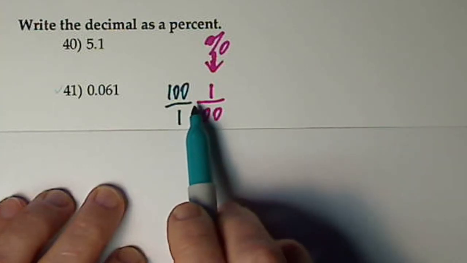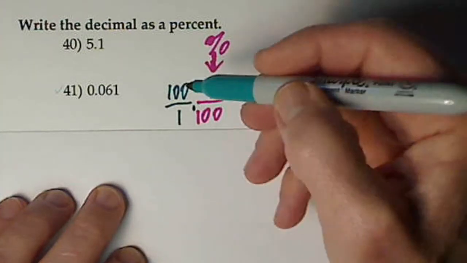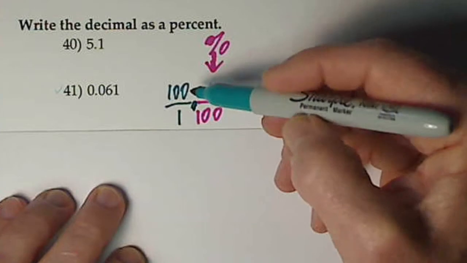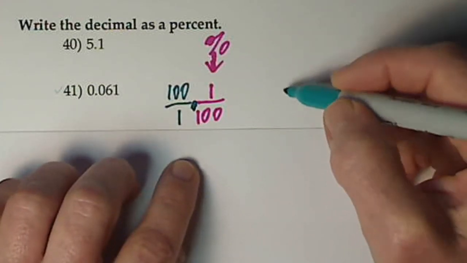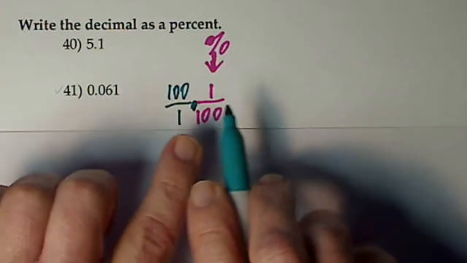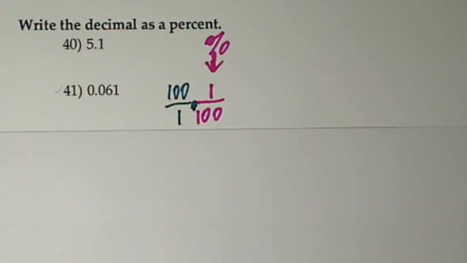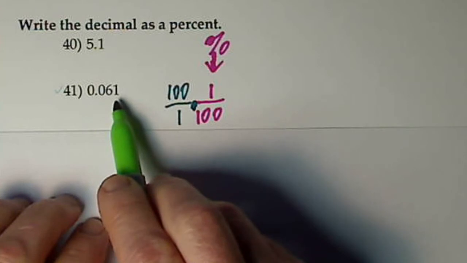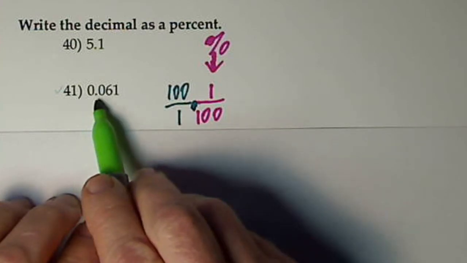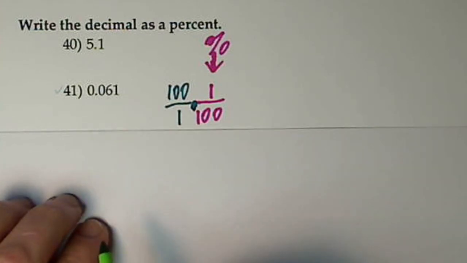Notice if I multiply these two things, what do I end up with? 100 over 100, which is just a 1. Okay, so I'm kind of breaking it up here. If I multiply this by 100, all I'm going to do is move the decimal 2 places.